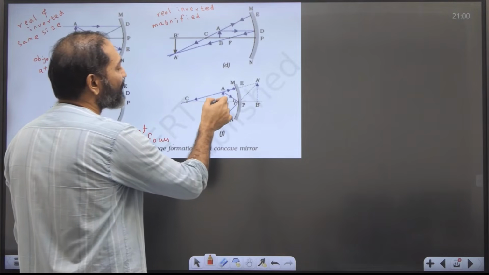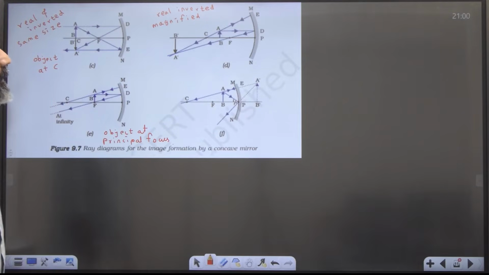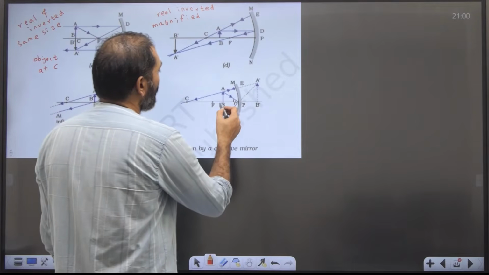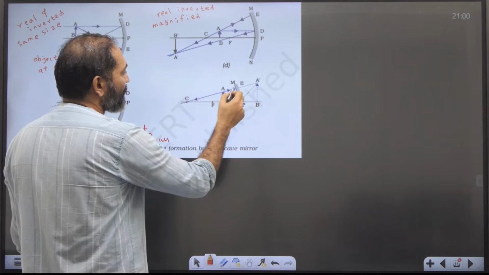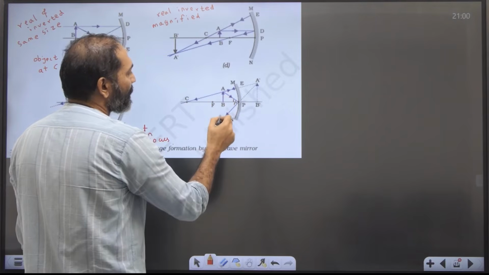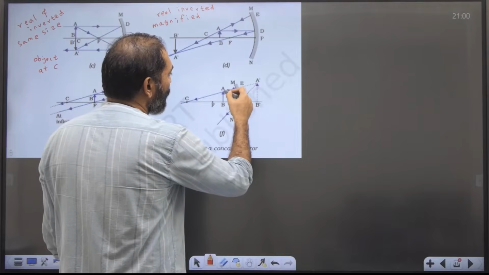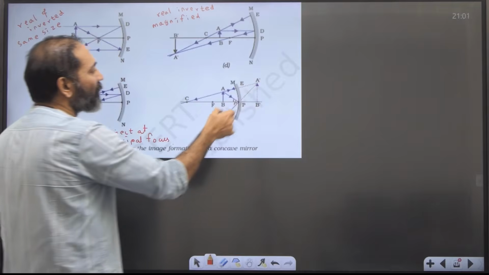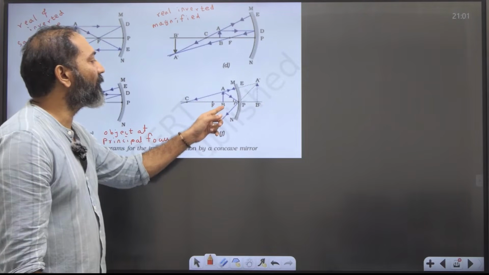Now the last case, a special case. Here the object is placed between the principal focus and the pole. This is the object AB. One ray passes through the center of curvature, so it gets reflected back. Drawing the ray backwards, you can see that it passes through the pole.